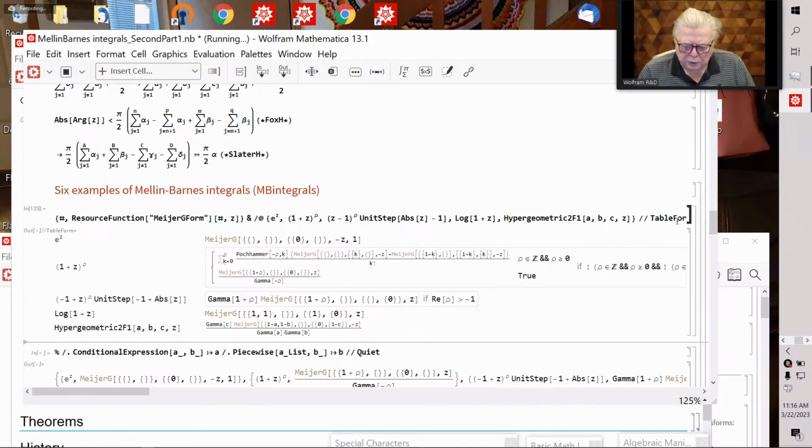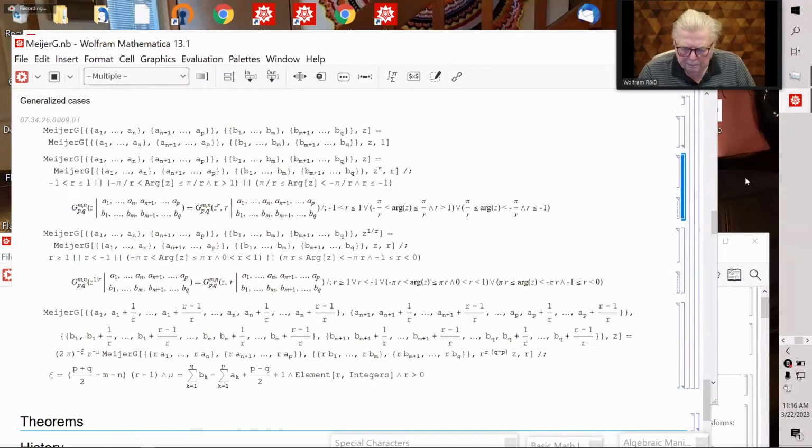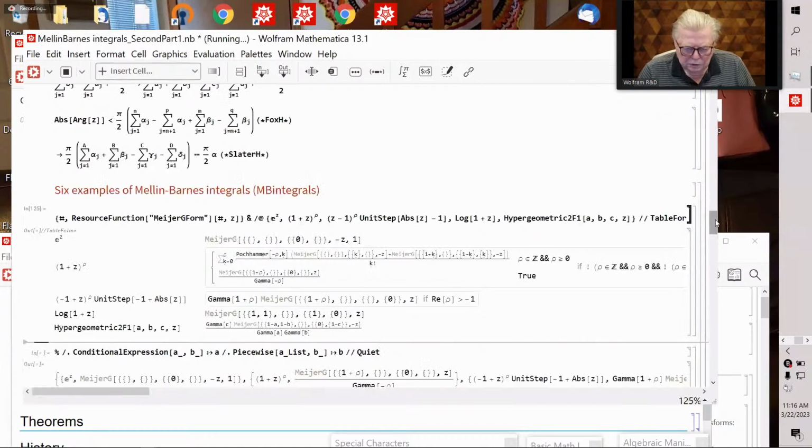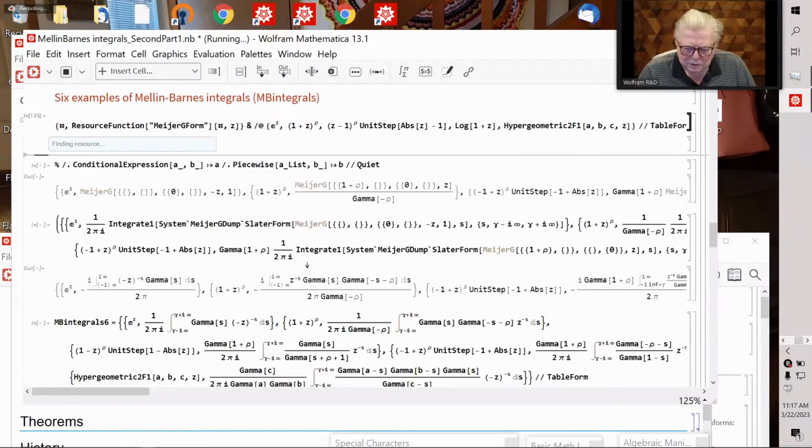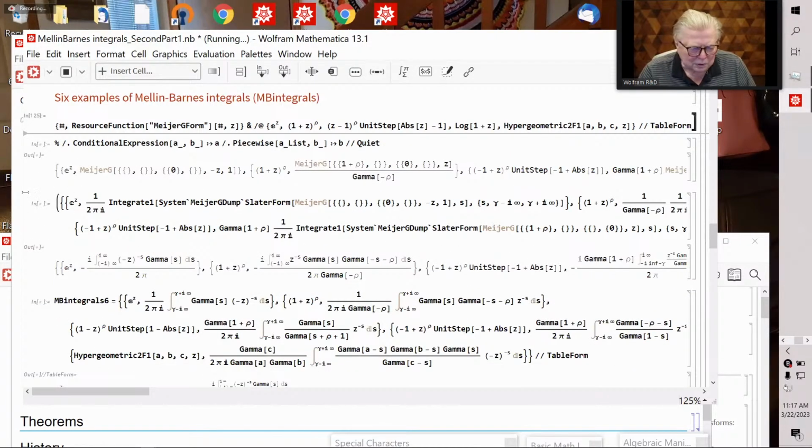I will repeat the evaluation before your eyes, and you see it's loading a package and takes time. Loading package in a resource function. Let me show what we have. Loading. It's interesting. But in any case, you see we already have representations.